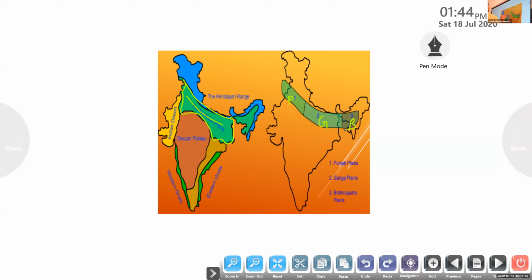Next to the Himalayan ranges, we have the northern plains, classified into three sections. The first one is the Punjab plain. What's the second one? The Ganga plain. The third one? The Brahmaputra plain. Thank you. The first part is the Punjab plain, the second is the Ganga plain, and the third is the Brahmaputra plain.